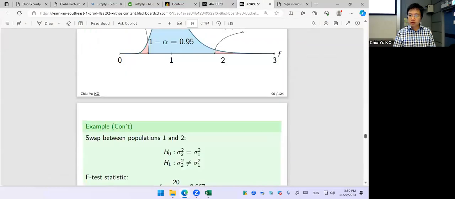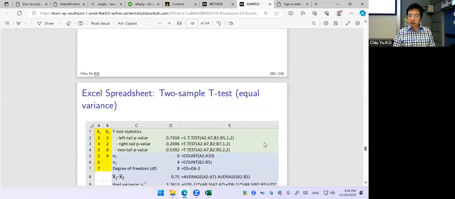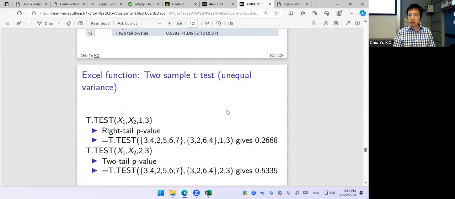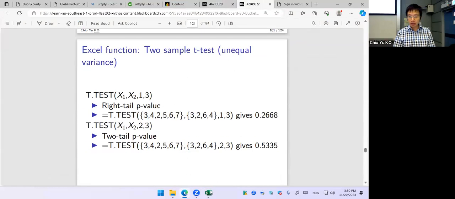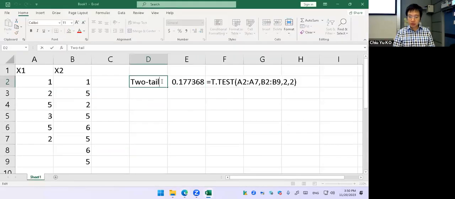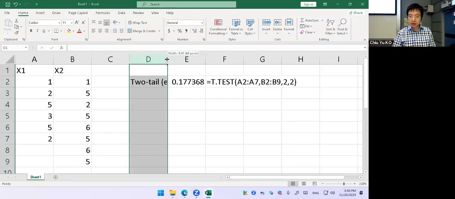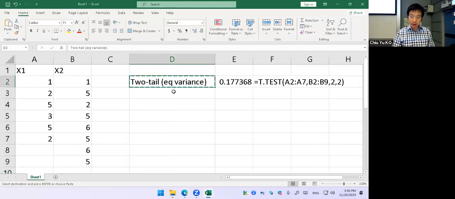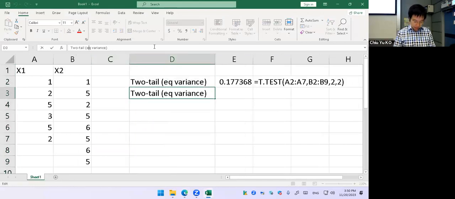So if you want to do equal variance, you just use 2 instead of 3. So this is equal variance. And you can do the same for unequal variance. How do we do that?